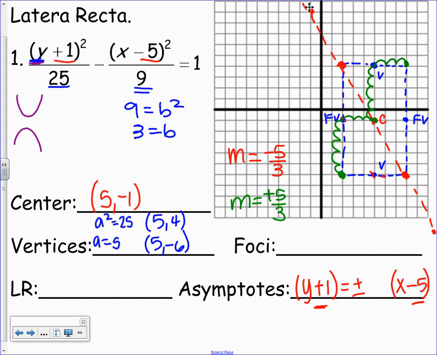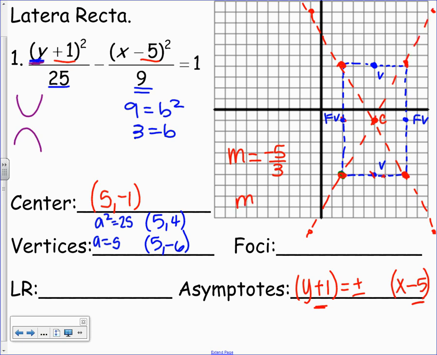The moral of the story is that my slopes are the same numbers, but one's positive and one is negative. I'm going to get rid of all that green to save myself some time. So to find this other asymptote, I'm going up 5 over 3. I can go down 5, back 3 as well.